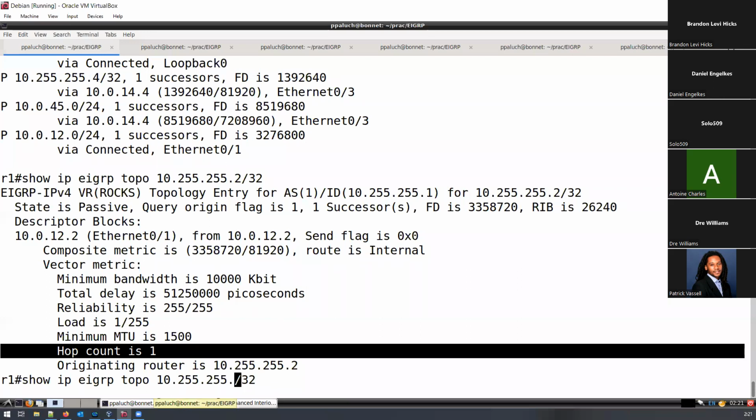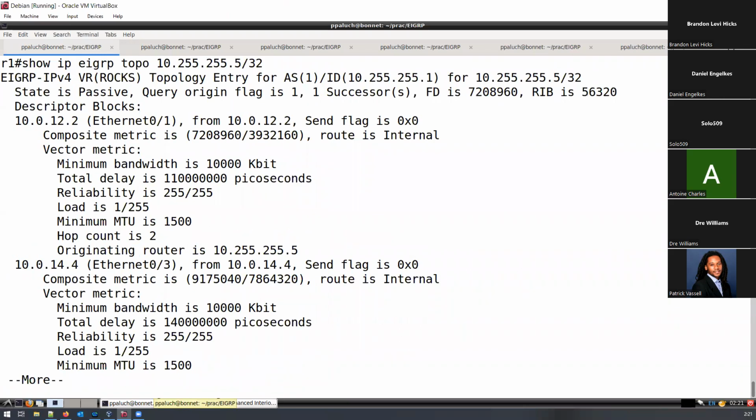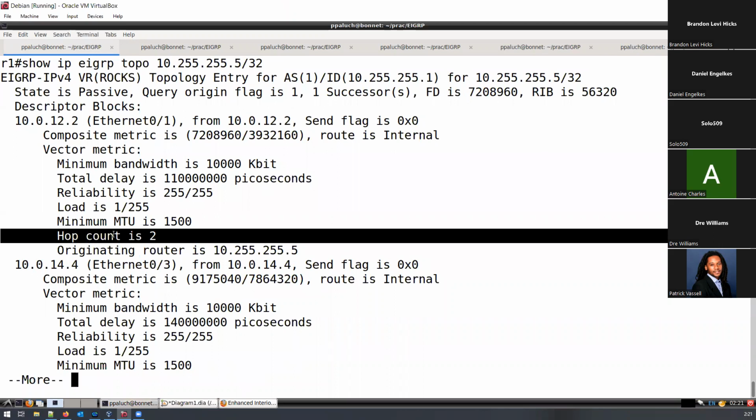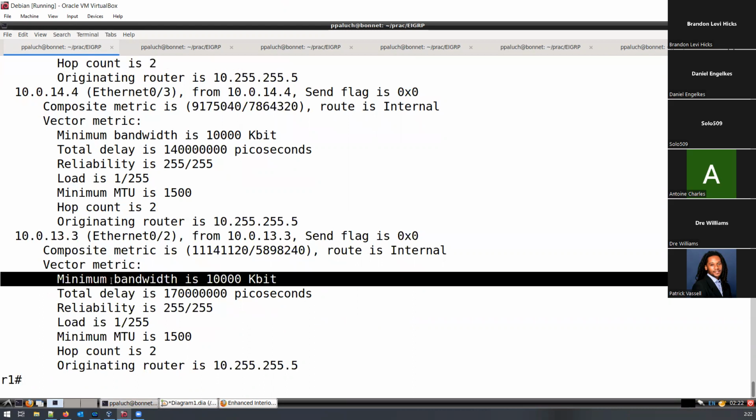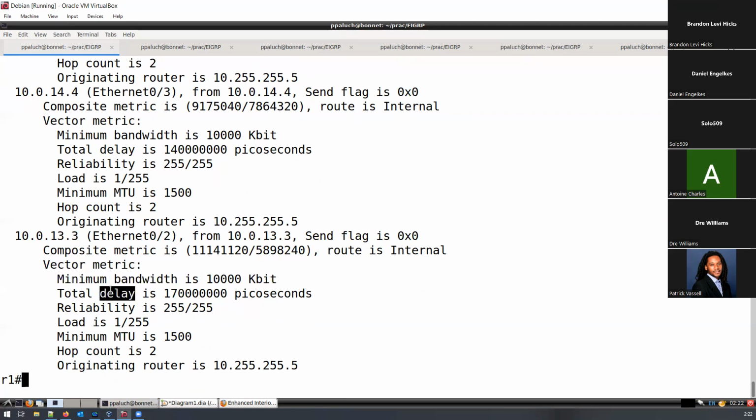Let's hope I don't get disappointed. Yep, hop count is 2, obviously because I need to go through 2 routers. So once again, we have the bandwidth, delay, reliability, load, and MTU.